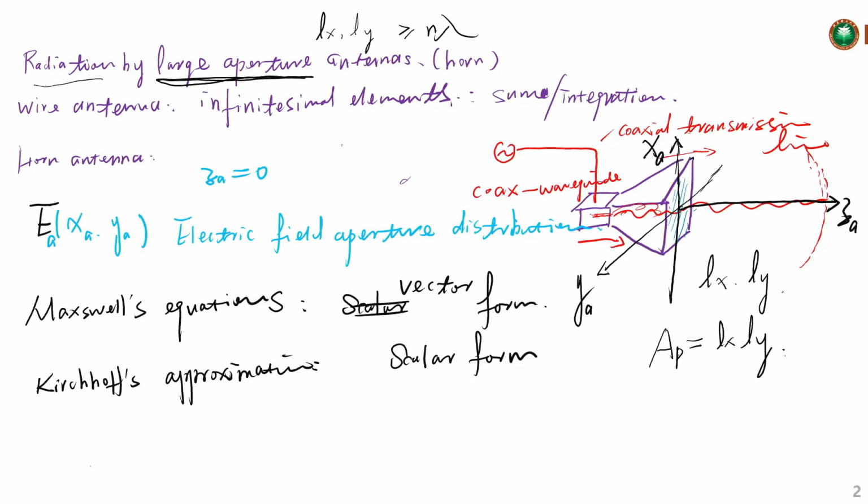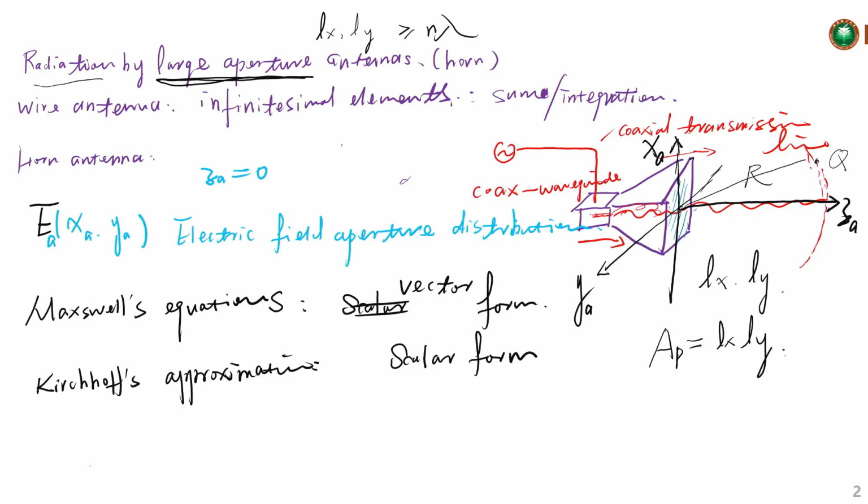Also we take another condition, that the observation point Q is far away from the aperture, in the far field region, right?